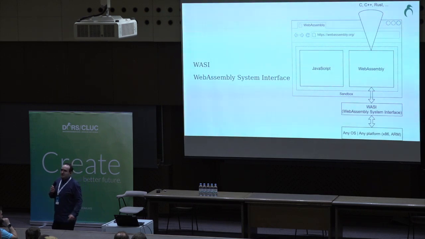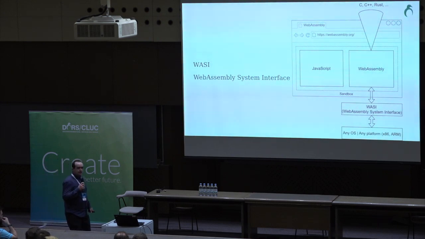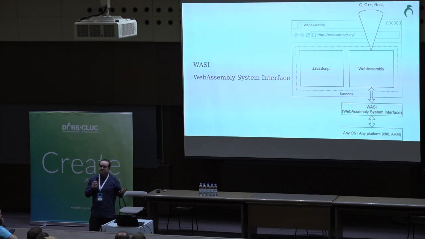So if we take the picture from the beginning of this talk and add the WebAssembly System Interface, we will add it down here at the bottom, where you can communicate with WebAssembly. So we have languages like C, C++, Rust, and many more that are coming. They are compiled to WebAssembly.